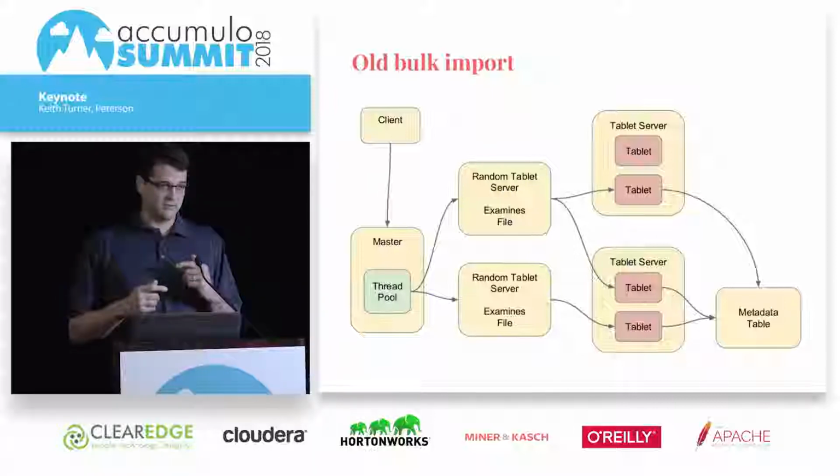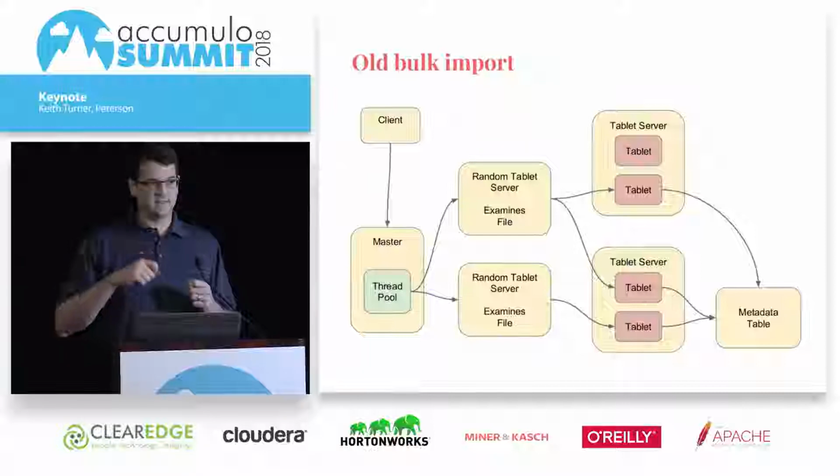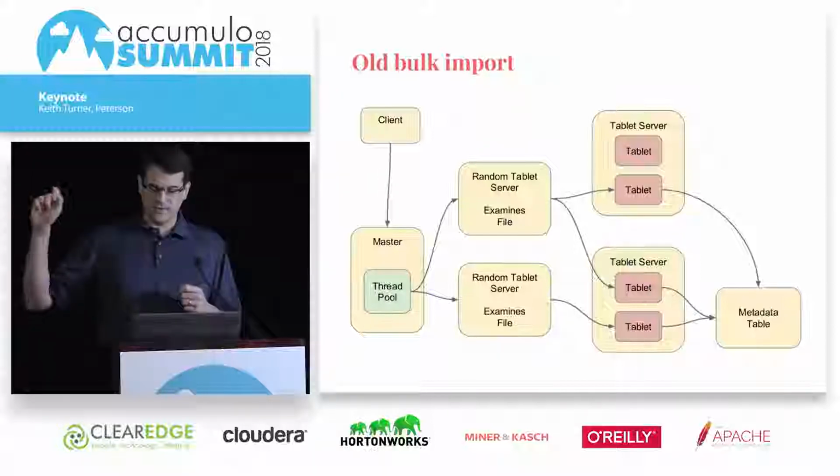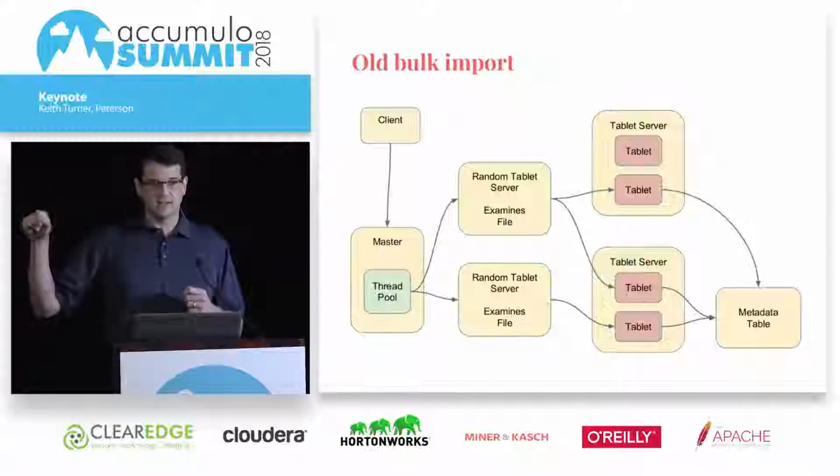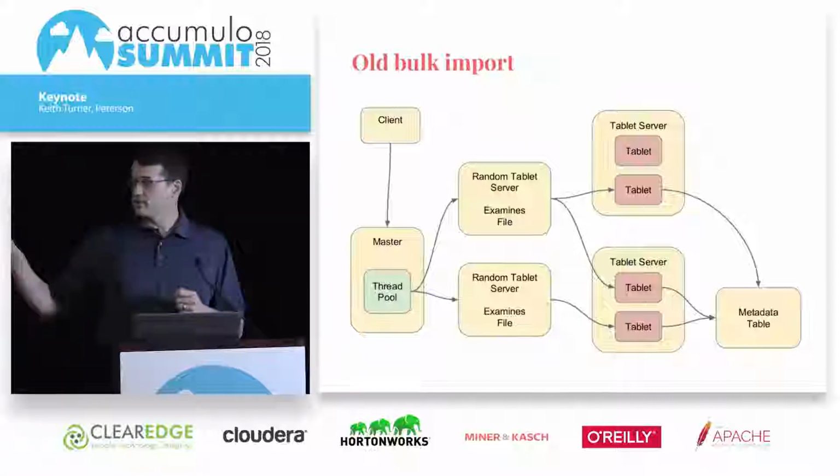And to do this, to get somewhat good throughput, it will create a thread pool for the bulk import request. And what the thread pool does is it sends out a remote procedure call to a random tablet server, says, hey, random tablet server, inspect this file. The tablet server gets that request, it inspects the file, and then it sends out a remote procedure call to a tablet saying, hey, can you load this file?